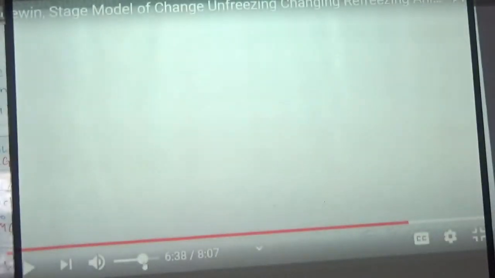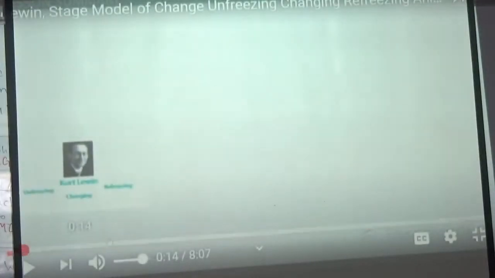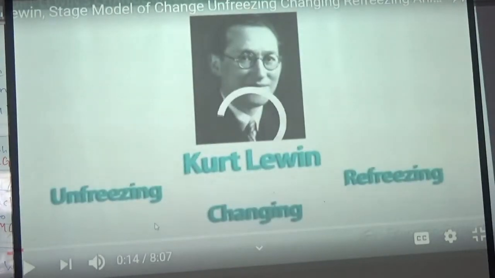Okay, so that gives you an idea. Putting a new system in place, such as Zoom classrooms, it takes a while to get used to what's happening, or even how to do it, or maybe not even get good at it at any point. But the idea is that you've got to bring the change.